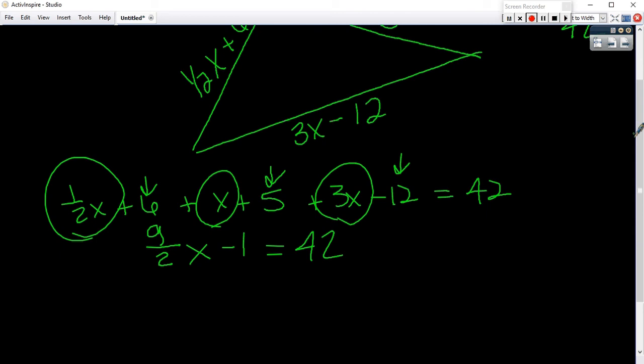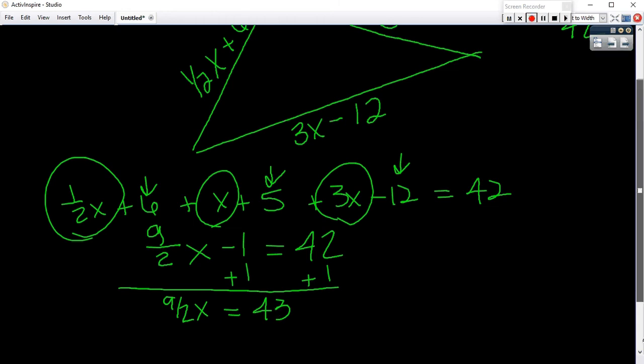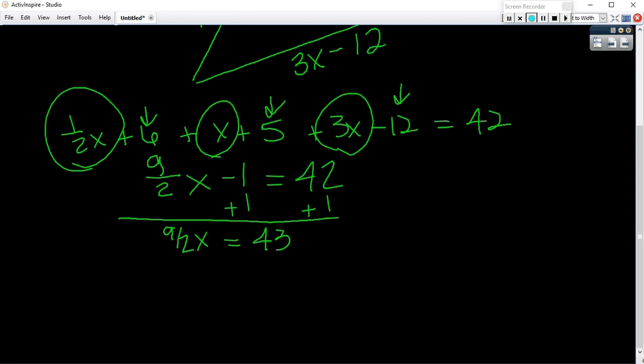All right, so to solve, I need to do what first? I'm ready to SAD map, so I'm going to add 1. Now what? Okay, and how do I get rid of that 9 over 2?